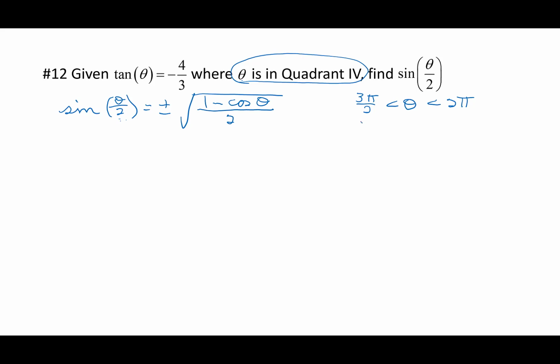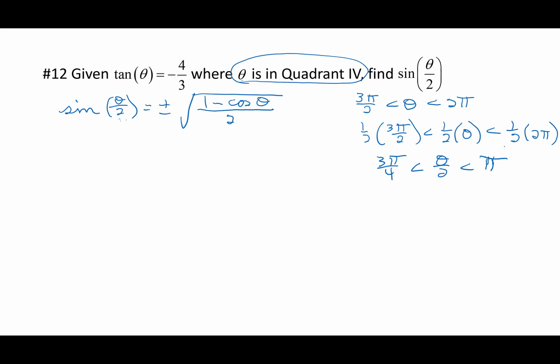So if I take 1/2 times 3 pi over 2, 1/2 times theta, 1/2 times 2 pi, I'm just multiplying through by 1/2 here. I have 3 pi over 4 is less than theta over 2 is less than just pi. Okay, less than pi.